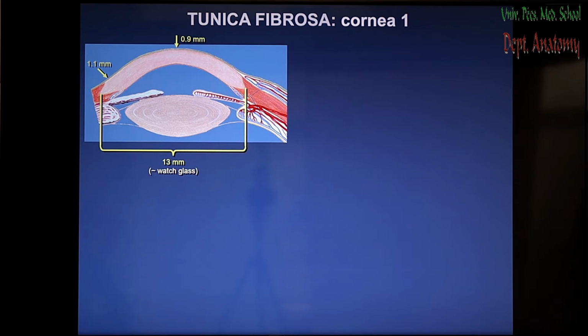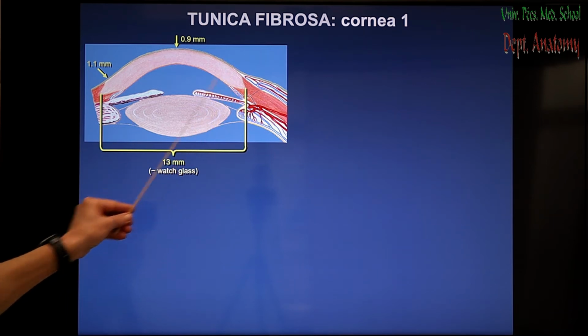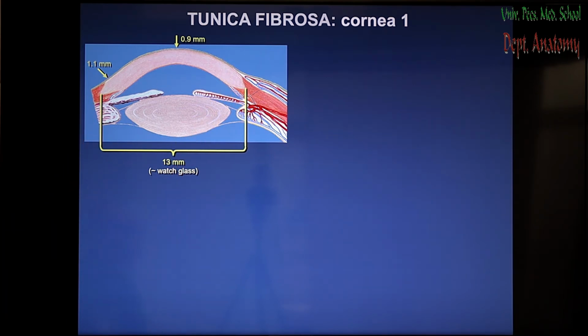The cornea has an extremely delicate structure. It is embedded in a groove formed by the sclera. This is the corneal sclera sulcus, and it is inserted into this like the glass of a watch.